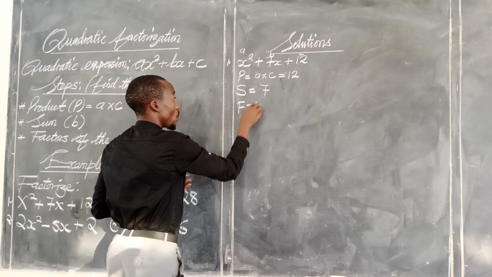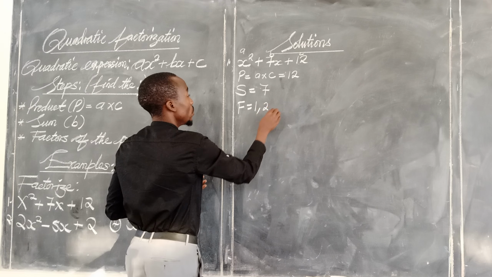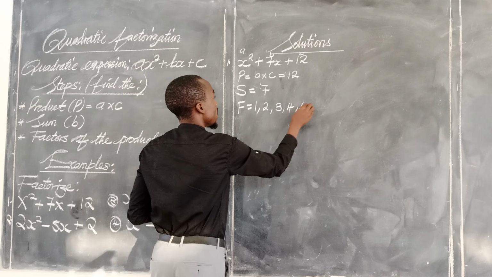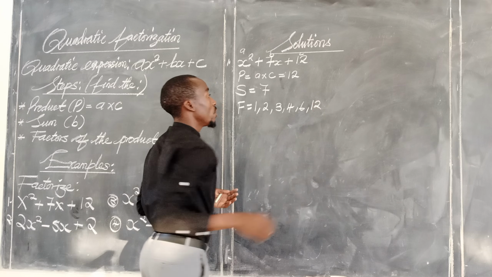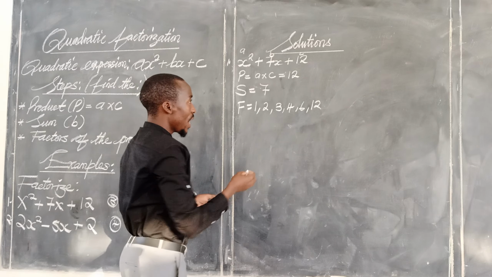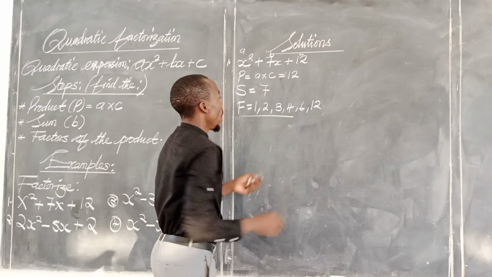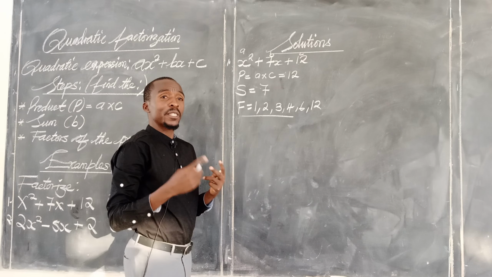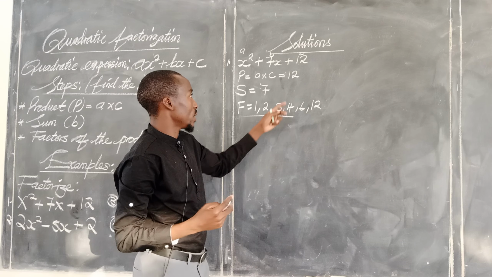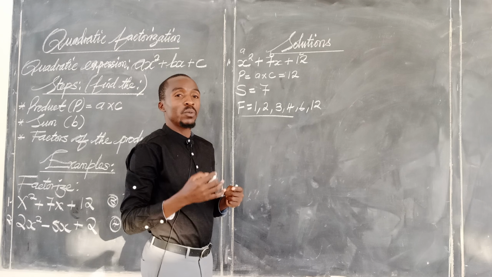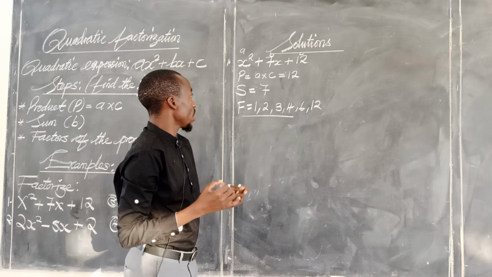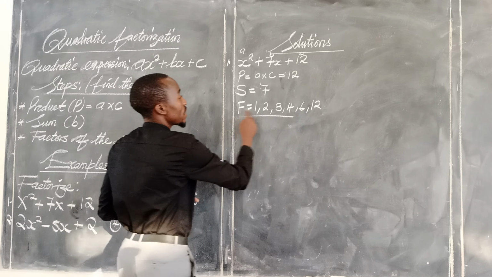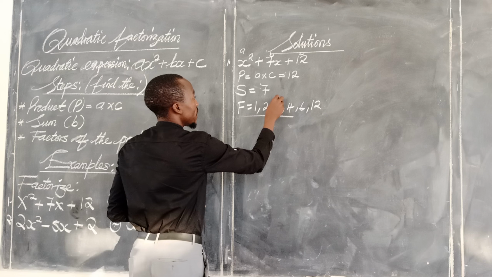We have 1, 2, 3, 4, 6, and 12 itself. Which two numbers, when we multiply them, give us 12, and when we add them, give us the sum?